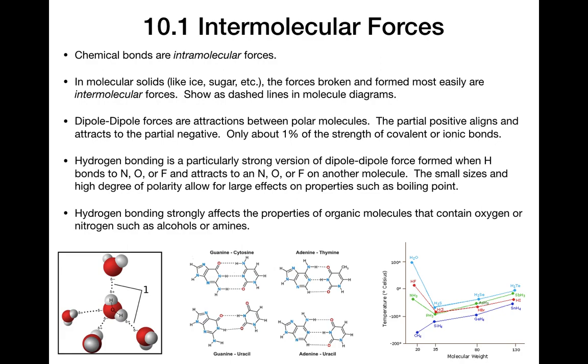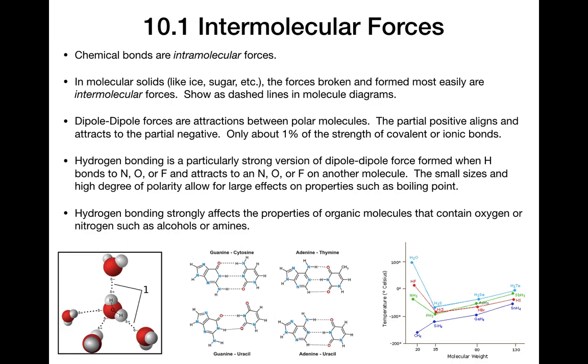Now the reason why NH, OH, or FH gives you the ability to hydrogen bond between molecules is, first of all, hydrogen, nitrogen, oxygen, and fluorine are very small, which allows very close approach. So Coulomb's law tells us the closer things are, the more they're attracted. Also, there's a high degree of polarity. N, O, and F have very high electronegativities.